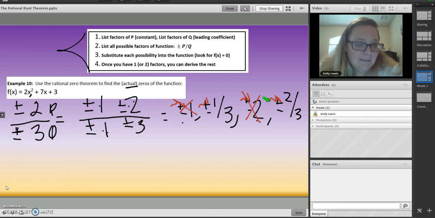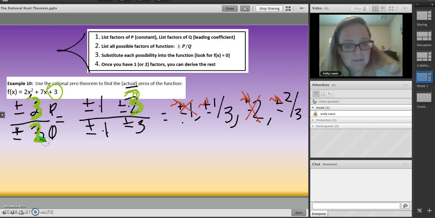All right, P is the factors of this guy. So this should be 3. Factors of 3 over that guy, 2. Silly me. I wonder why it's not working.